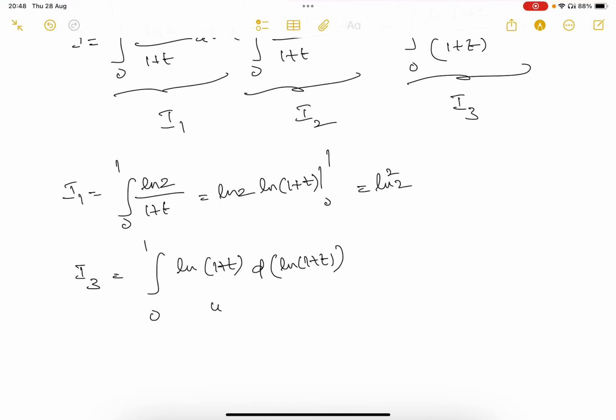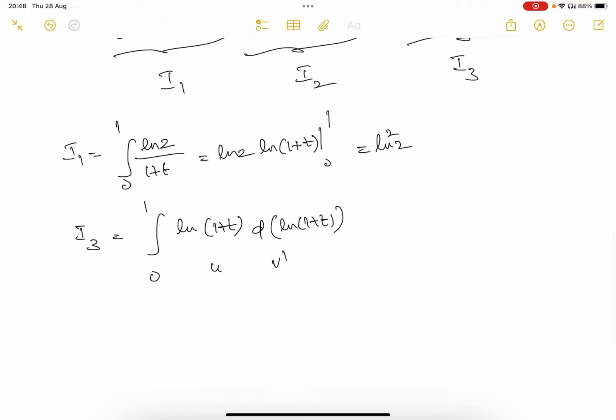Then you can apply these limits, I mean solve this integration limit. Consider this as u and this as v dash. So it will be uv, ln of (1 plus t) into ln of (1 plus t), integral limits are 0 to 1, minus of integral 0 to 1 u dash into v, right?